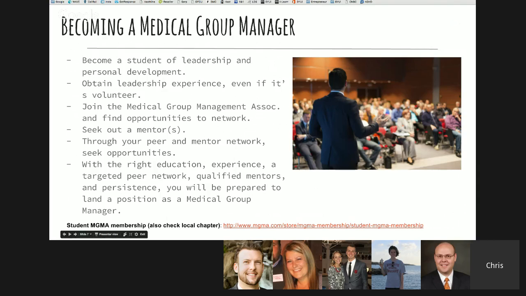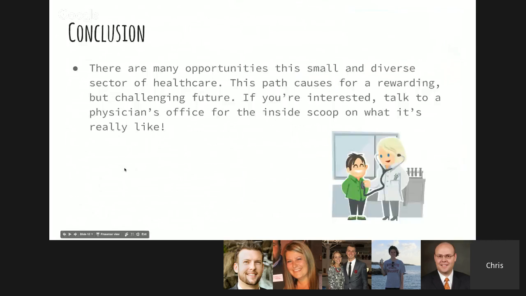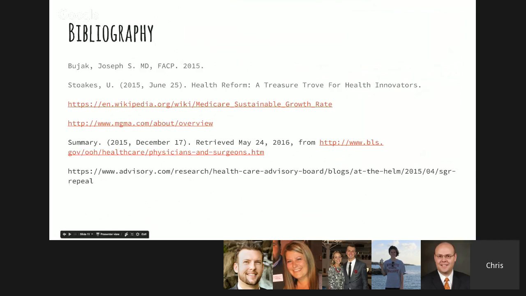Yeah, there's a formalized certification. I don't know if you came across that, but there's what they call a body of knowledge, and what that is, the MGMA outlines the specific categories that somebody who is going to manage a medical practice should know.